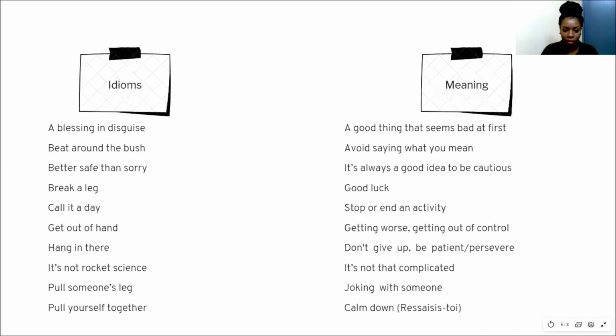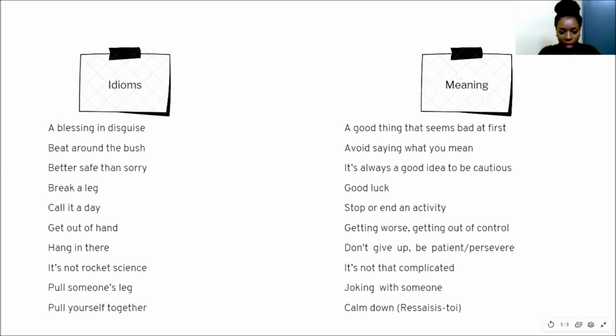It got out of hand. Hang in there means just don't give up. It's like, I know it's hard, man, but just hang in there. I know it's difficult, but you have to just hang in there. So hanging in there is like, accroche-toi en fait. It's like, don't give up, be patient, hang in there.